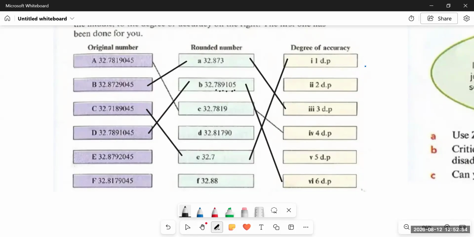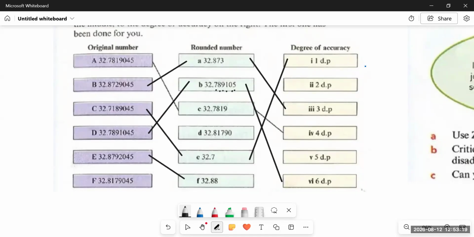And then in part E, we have 32.879. So where do we have 879 or digits match? We have 32.81790 in part D, which is a different number. But if we talk about part F, we have 32.88, meaning 32.8792045 is rounded to 2 decimal places.